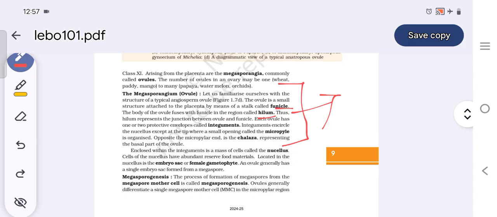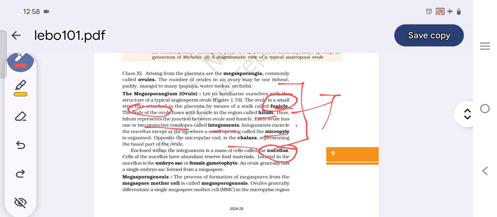Hilum is actually the part which joins the stalk of the ovule and the body of the ovule. That region is called hilum. Then you have two protective envelopes, like I said, two protective layers, called the integuments. And the two poles are called the micropylar pole and the chalazal pole.